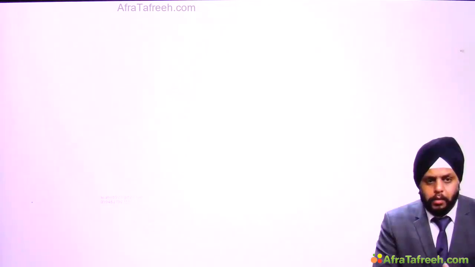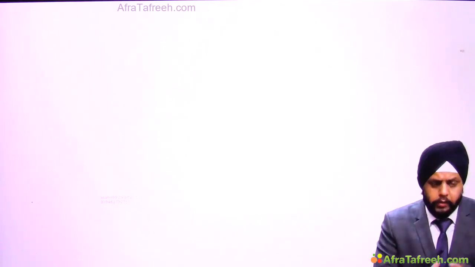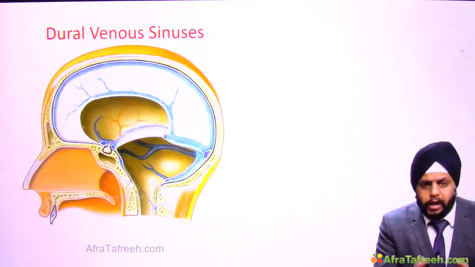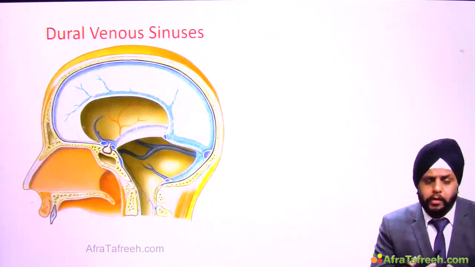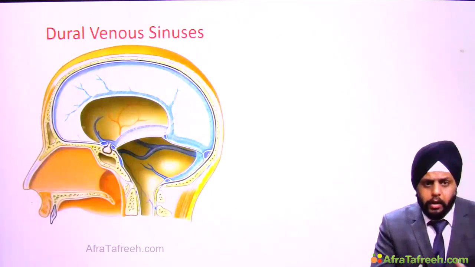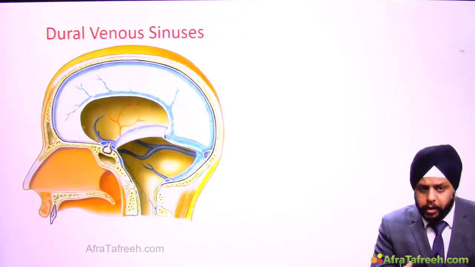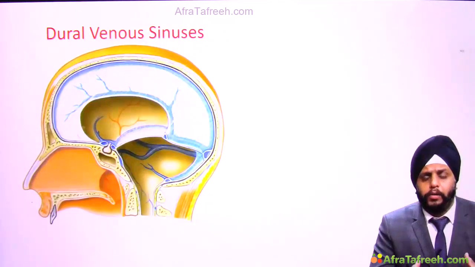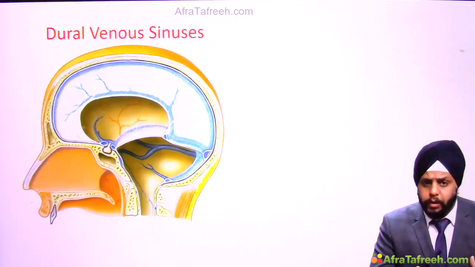Before we go ahead, let's discuss the dural venous sinuses. I'm talking about these dural venous sinuses quite a lot in my lecture, and they are very important. Although these structures are in the brain, a part of neuroanatomy, they are very important to understand the ear and its complications.